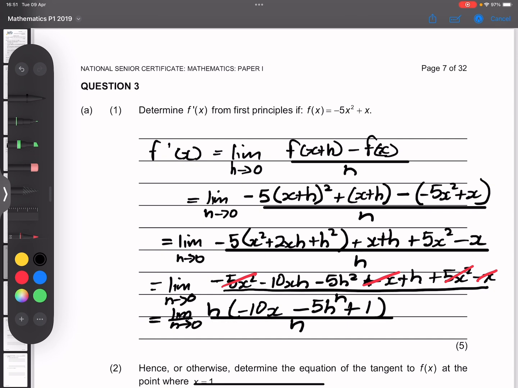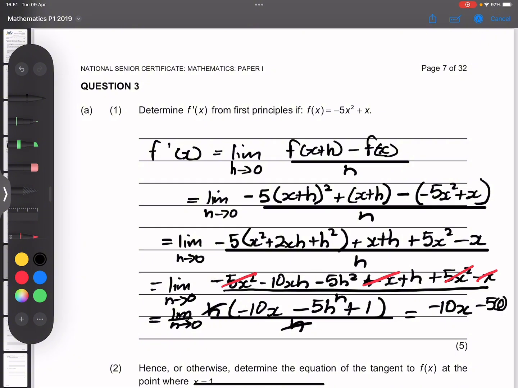Now notice we can cancel that h out. And what are we now left with? We can now substitute 0 for h. So I'll be left with minus 10x, minus 5 times 0.